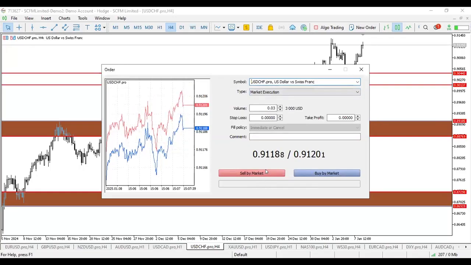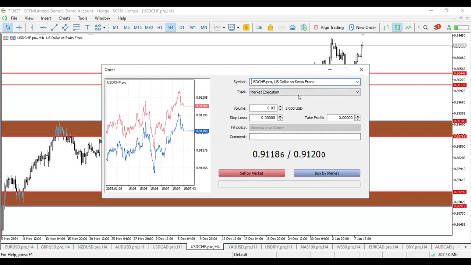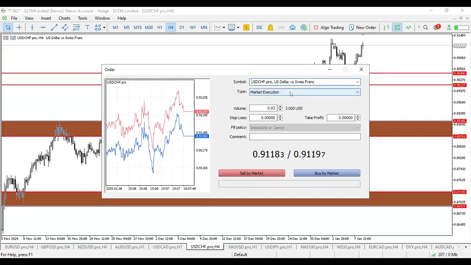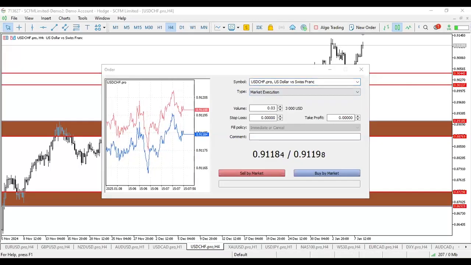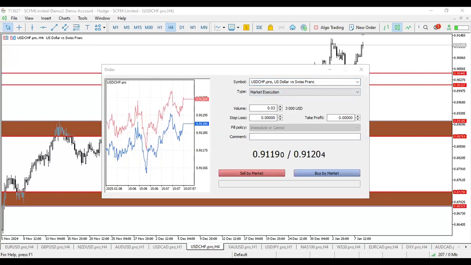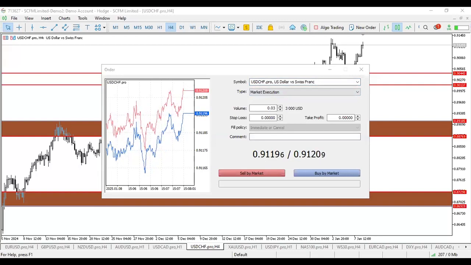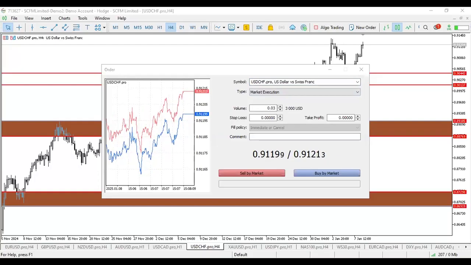Now I will focus on the types of orders that we have in the market. Now we have market execution. A market execution order is one that is executed at the current market price.